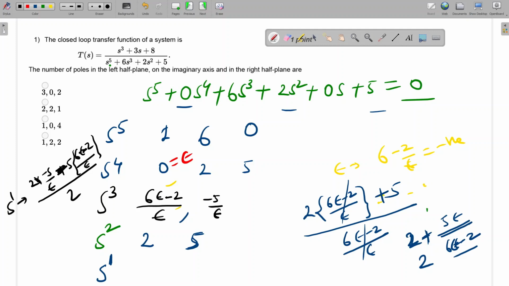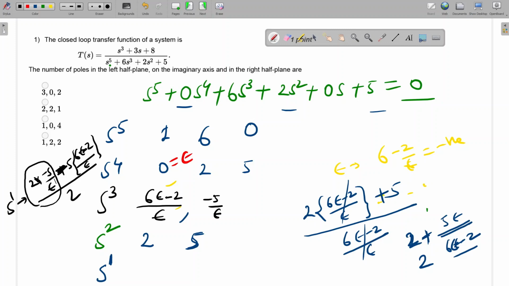What will be this value? This first term will be minus, negative. And this one, how much? Sir, it will be minus 15. Okay, but here it will be what? Minus 5, 6 epsilon minus.